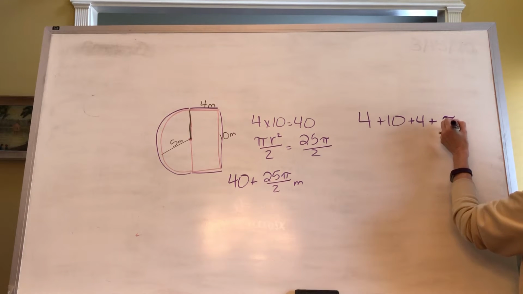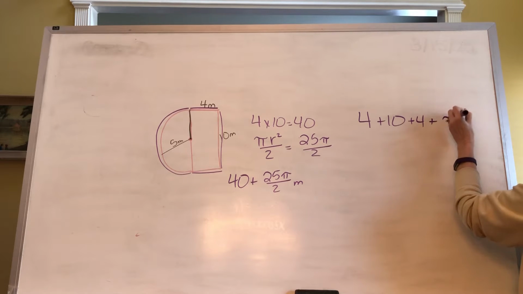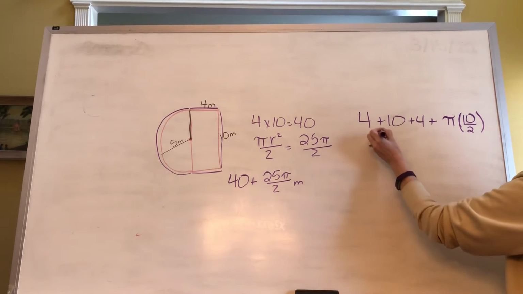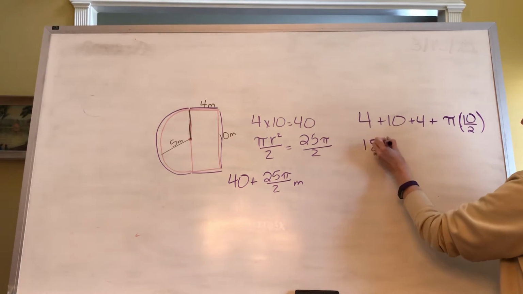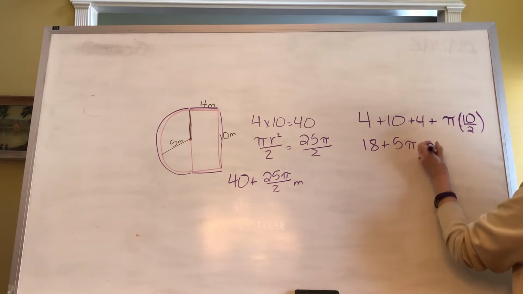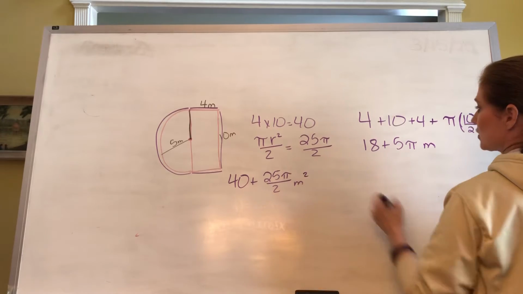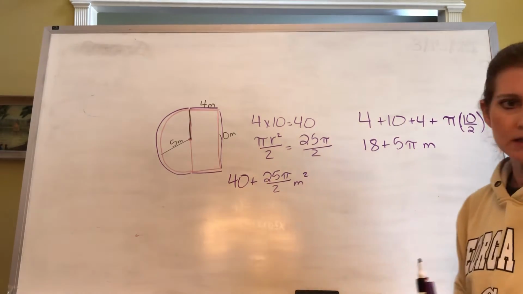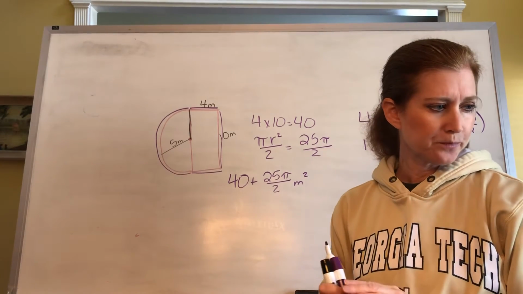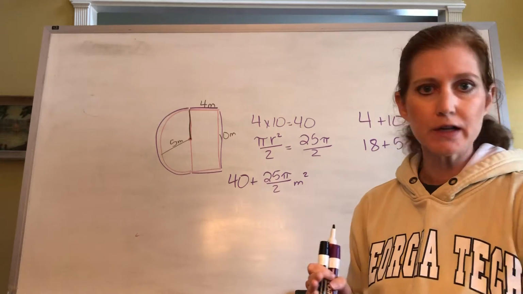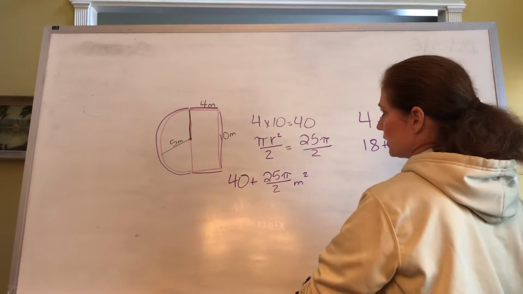Our diameter is 10, so of course that's going to make it 5. So we have 18 plus 5 pi meters. Right over here, this will be meters squared because that's area. So that is the semicircle, finding the area and the circumference.